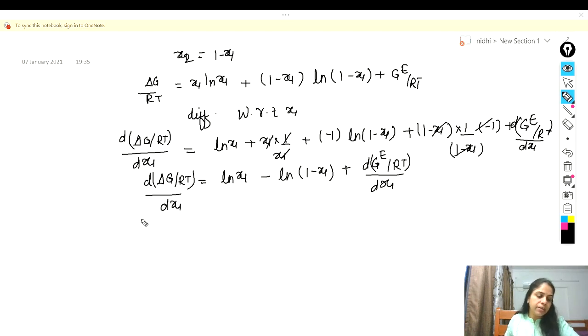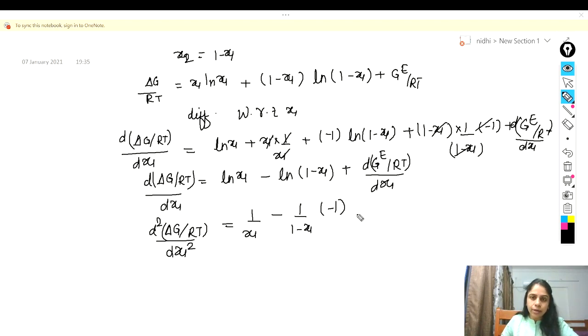Now differentiate the same equation again, because our criterion for stability is that the second derivative of this will always be positive. So this is 1 upon x1, this is 1 upon 1 minus x1 (minus 1 times minus 1), plus d square GE upon RT dx1 square. 1 minus x1 we can write as x2.